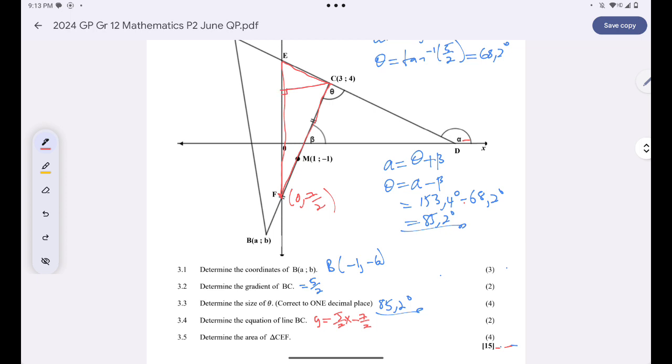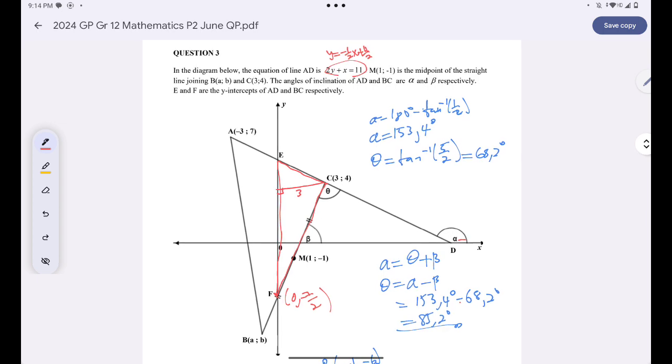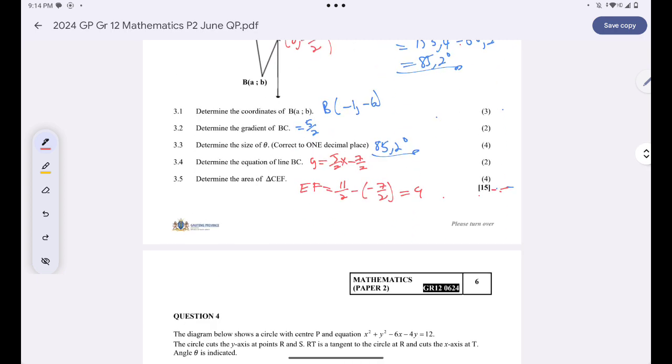My perpendicular height is just 3 units. Then I just need to find the length of EF. EF will be given by 11 over 2 minus negative 7 over 2. I'll get 18 over 2, which is 9 units, right?